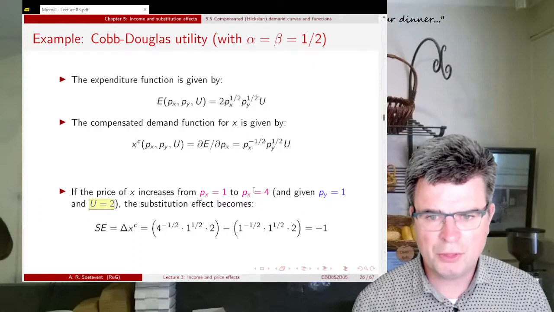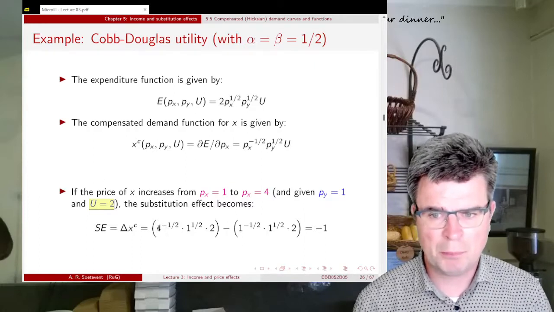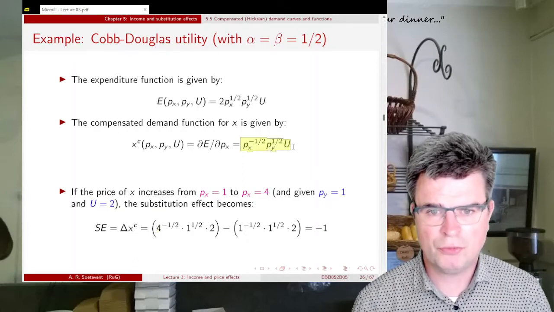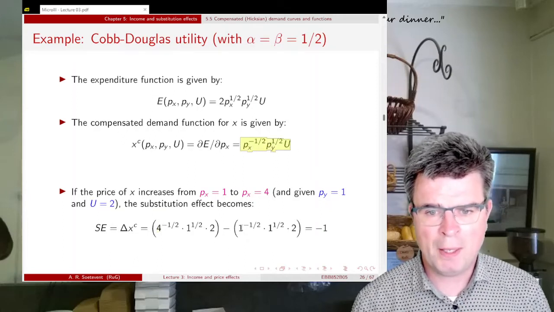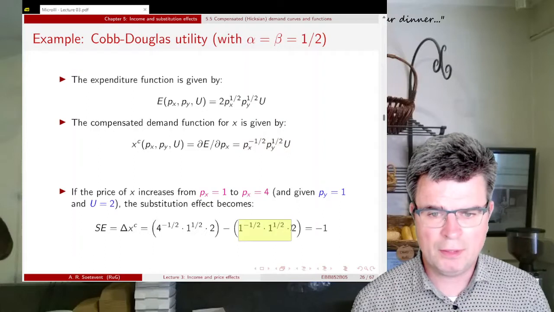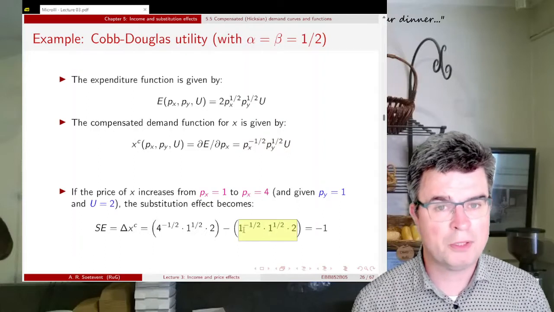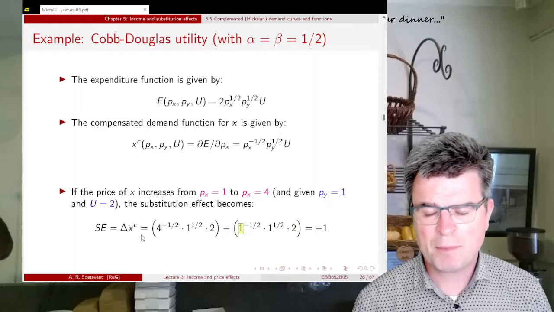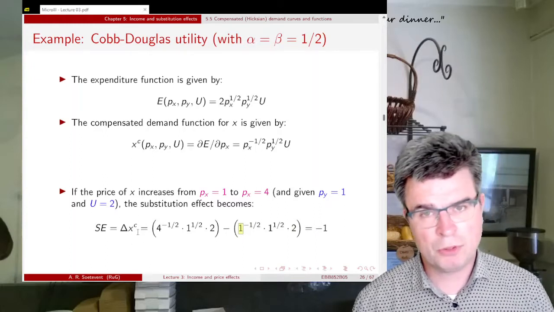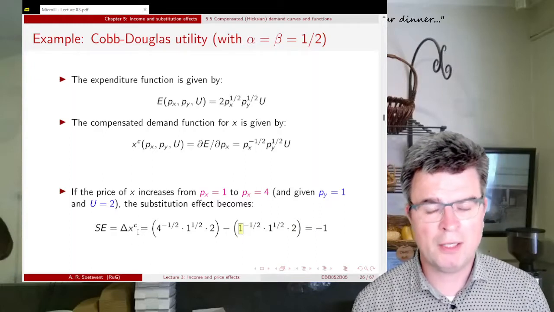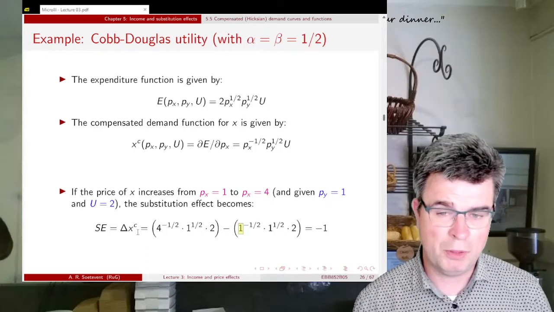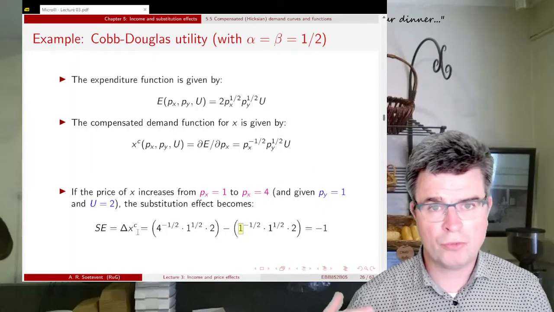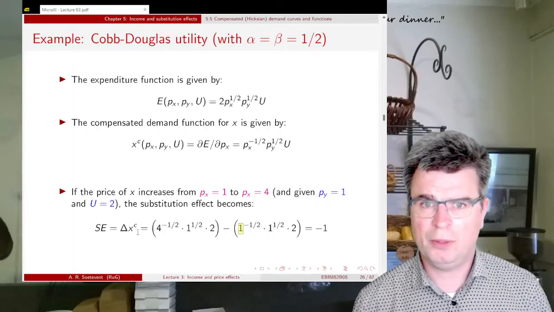Then the substitution effect simply becomes plugging the new price into the expression for the compensated demand minus the expression for the compensated demand while plugging in the initial price of good X, and we will find that the substitution effect is identical to -1. So because of the price increase, we will reduce our consumption of good X by 1 unit.